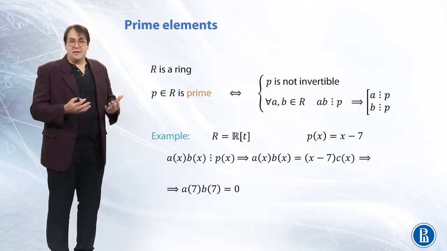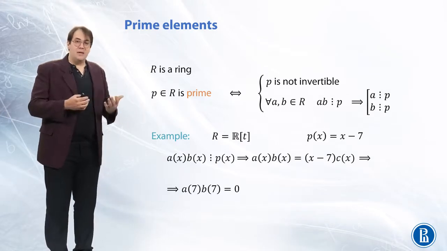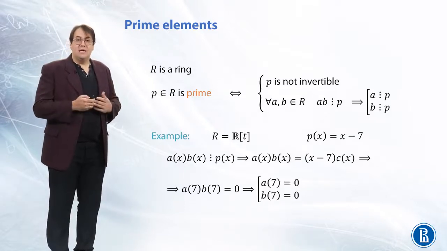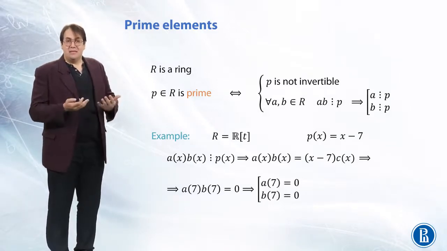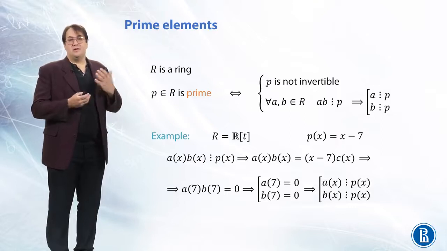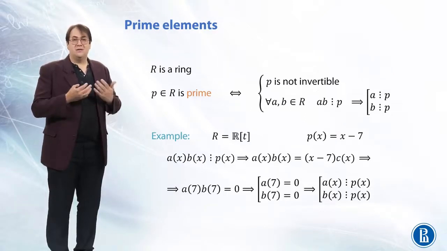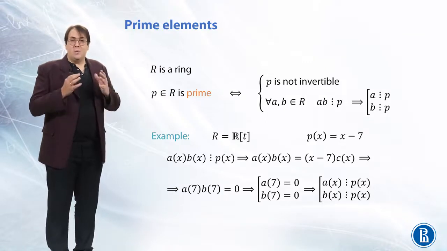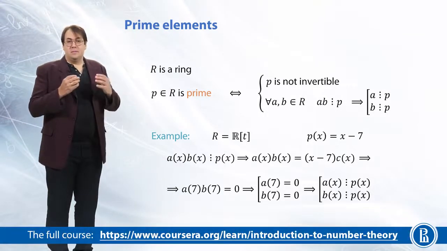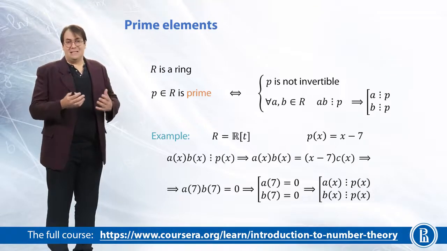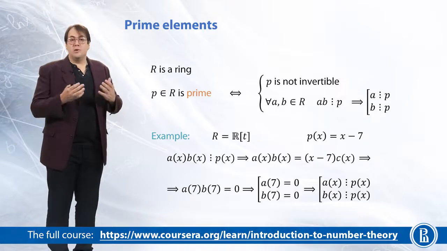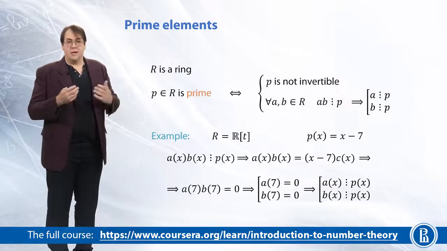So now we understand that either A or B has a root equal to 7. And this means that either A or B must be divisible by P. So this way we proved that P equal to x minus 7 is indeed prime in the ring of polynomials in one variable.